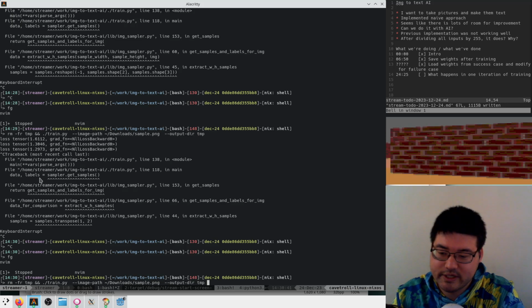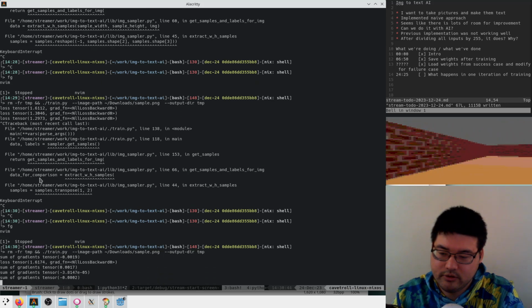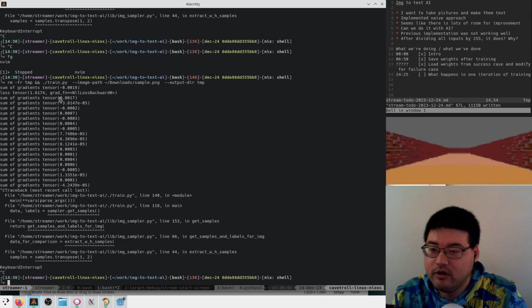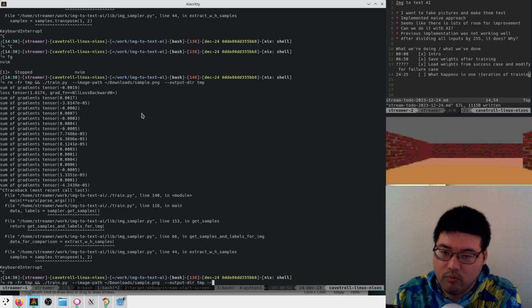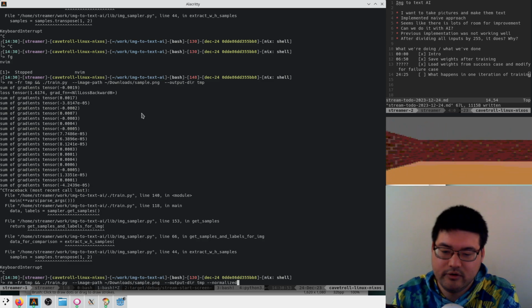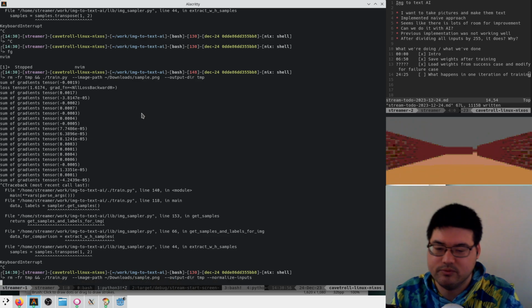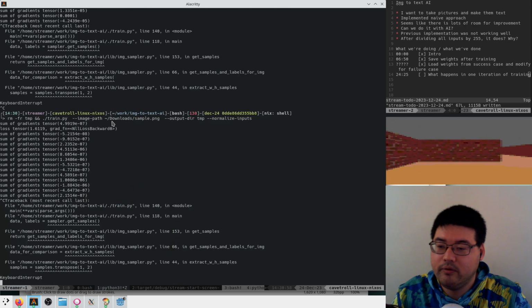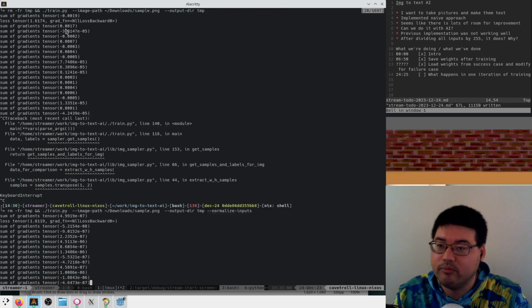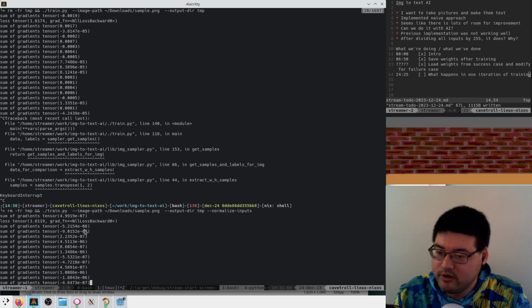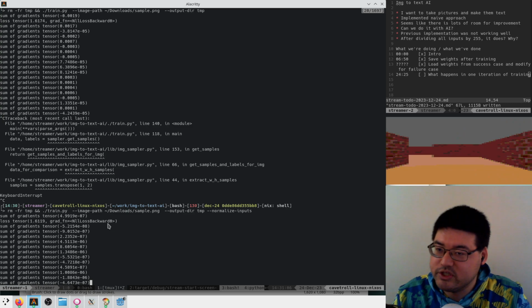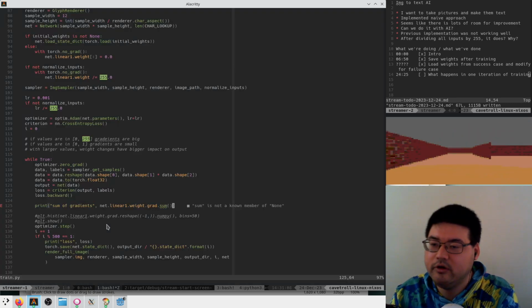So in the non-normalized case, we get a sum of gradients in the range of 0.0017 for the first iteration. What about in the normalized case? Normalize inputs, I think is what we called it. So we are going from 2 zeros to 8 zeros, which means that a 255 division is not close.